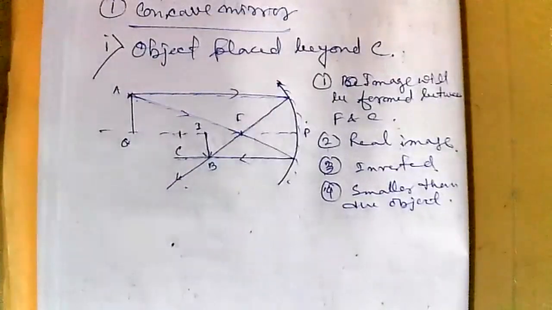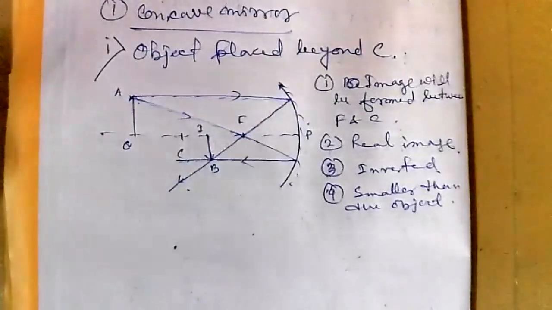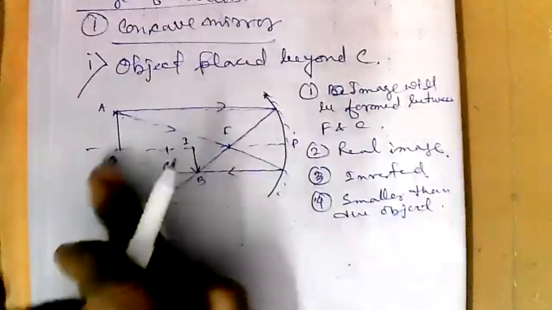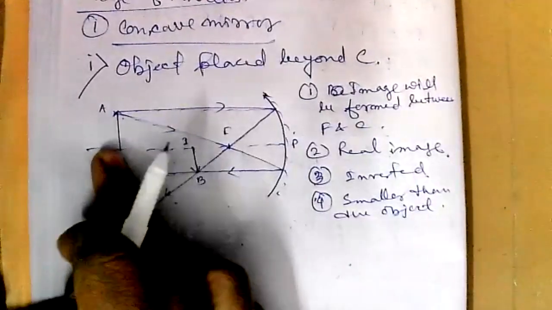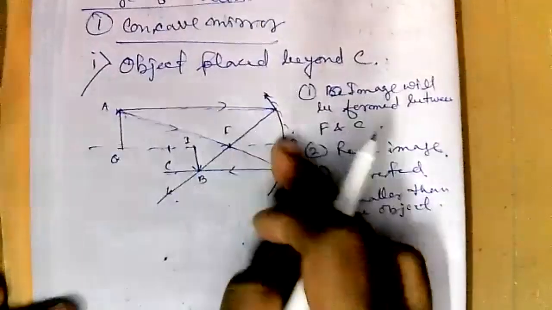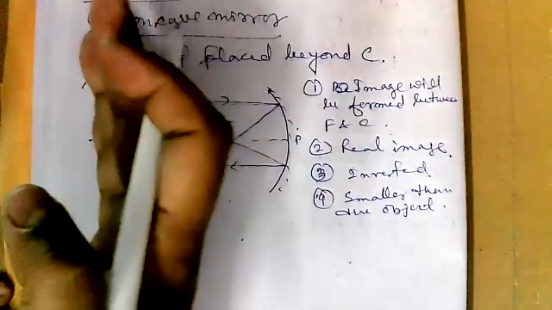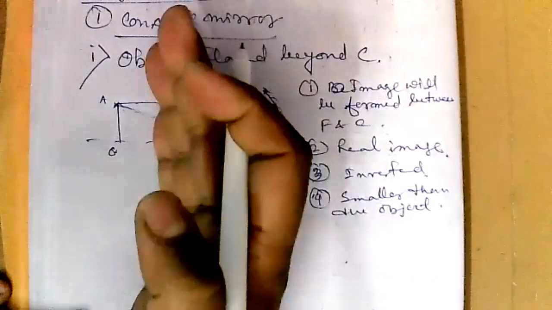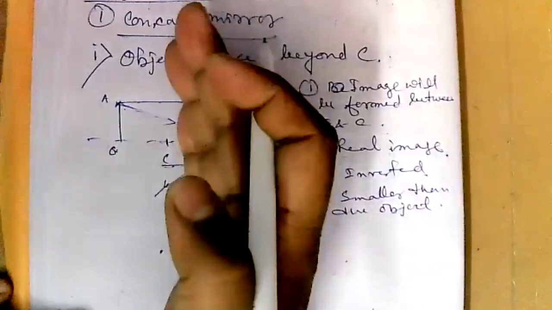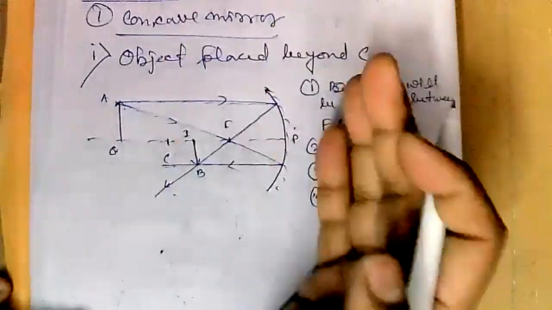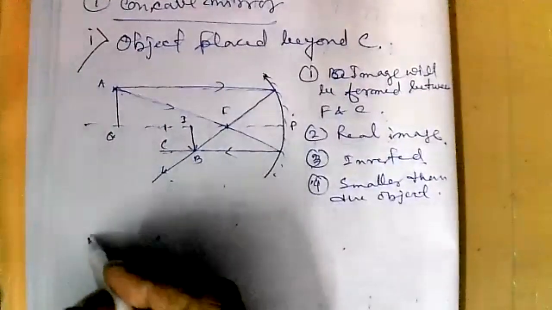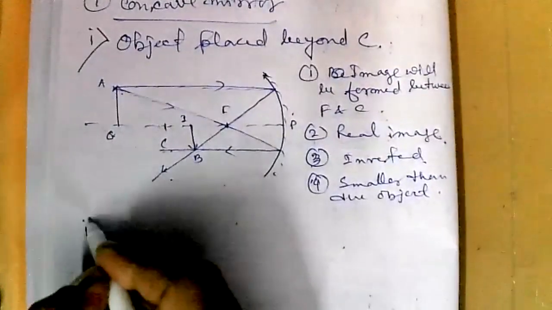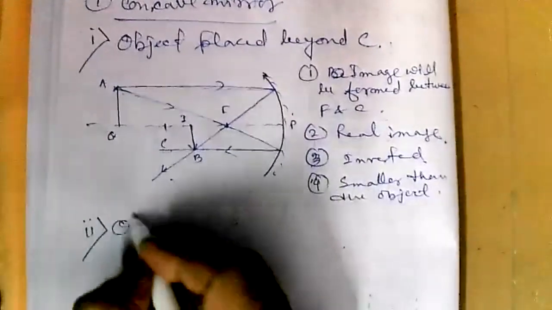Now we will take the object closer to the mirror. In the next steps, we will go to C, then between C and F, then on F, then between P and F.